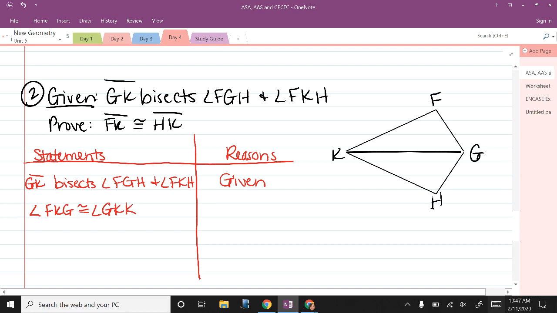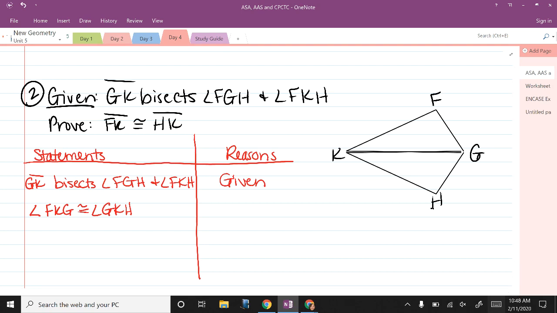And I can go ahead in the next one because it also said that FKH is bisected, right? I wrote something wrong, didn't I? I did K first, didn't I? GKH, okay.